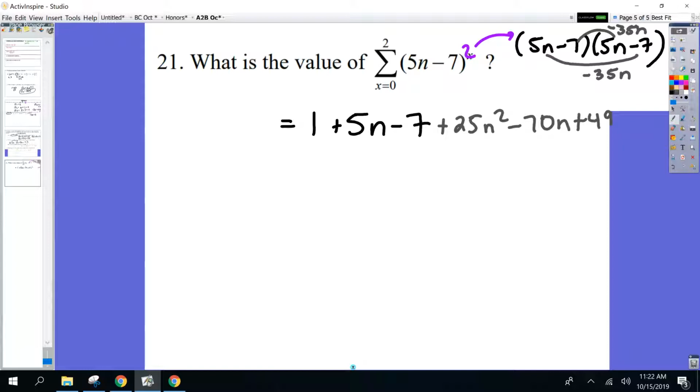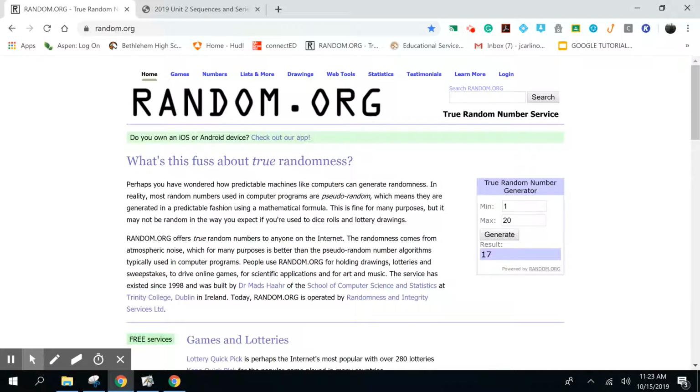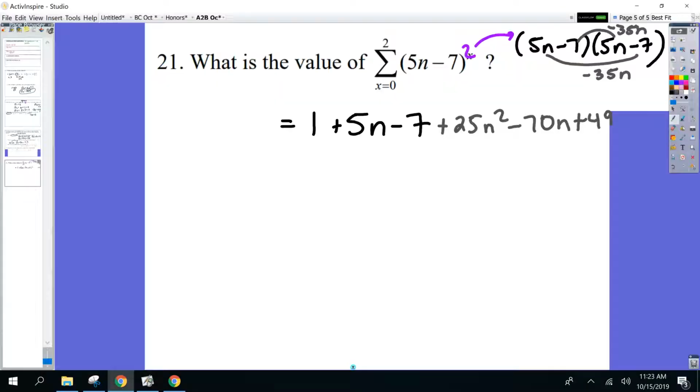I still need one last person here today to combine any like terms that I can. You're up, Sarah. 25n squared. Anything to combine? Nope. That's staying right where it is. All right. How about the ends?